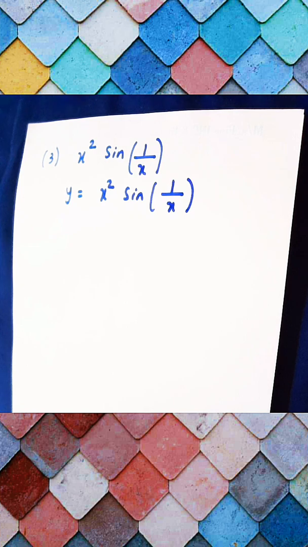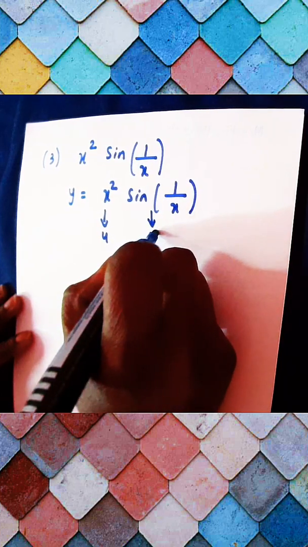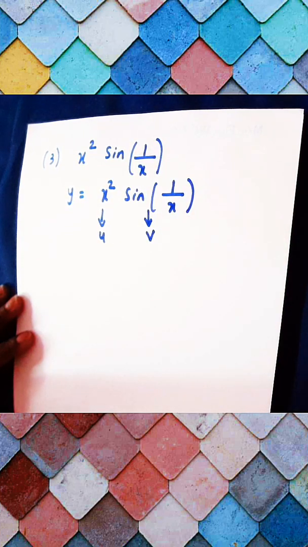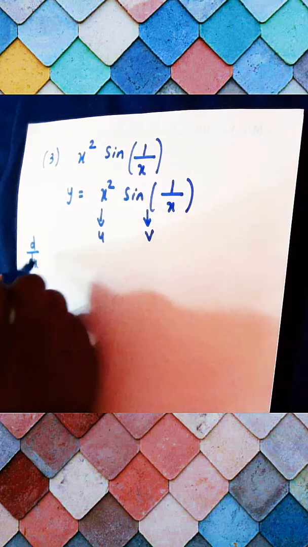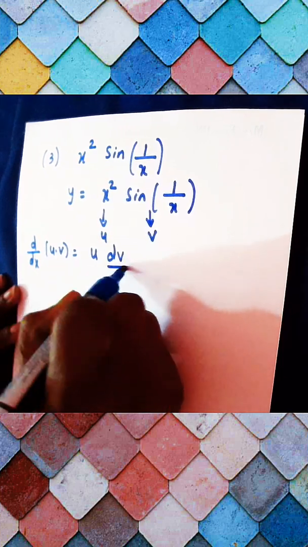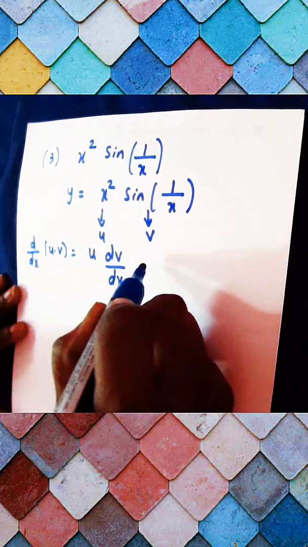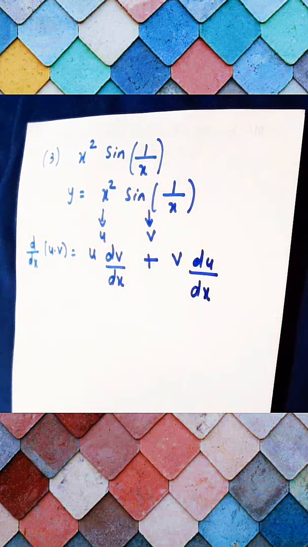We have to apply the product rule. u is your x square, v is your sine 1 by x. We know the formula, right? (uv)' is equal to u dv by dx plus v du by dx. Correct.